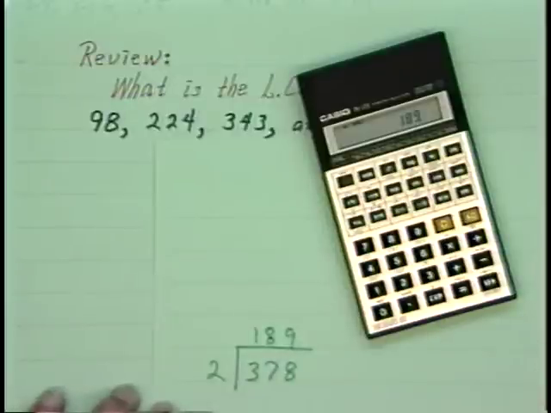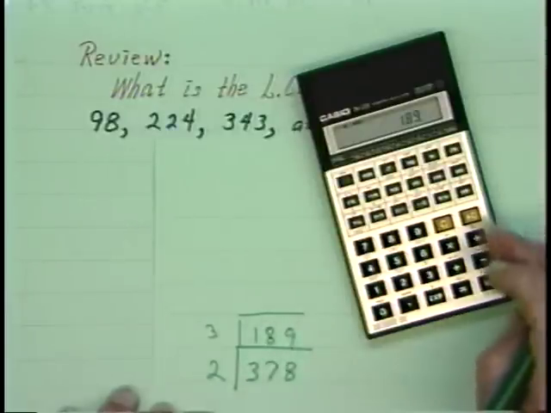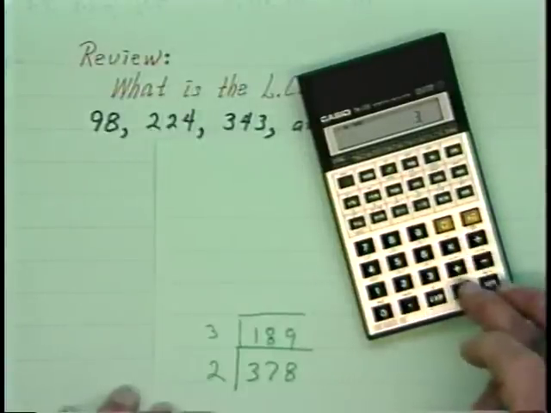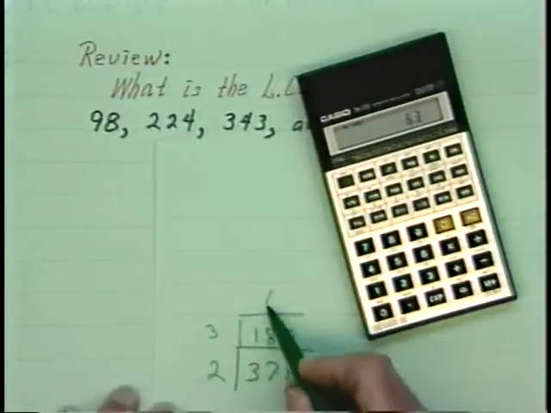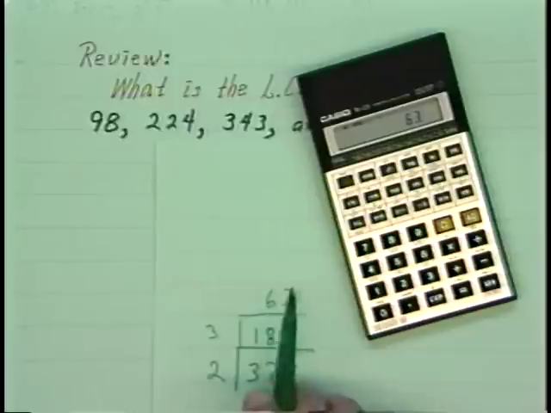189. 2 will not divide into that anymore, so we go to the next prime number, which is 3. And we see if 189 is divisible by 3, and that was 63. And of course we had a divisibility test which said to add up the digits, so 1 and 8 and 9 is 18. So since 3 divides into the sum of the digits 18, it must divide into the whole number.